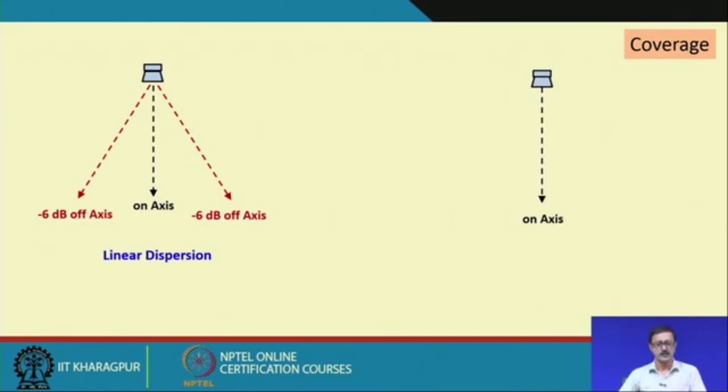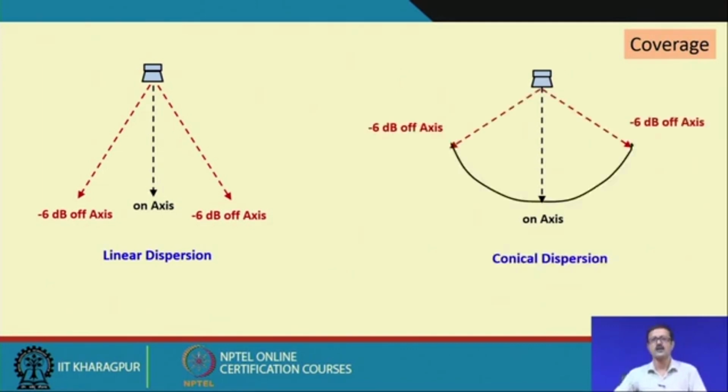There are two types of dispersion. One is called linear dispersion, where you go straight horizontally and get the minus 6 dB off axis line, and the other is conical dispersion, where you go circularly on the left and right sides and get the minus 6 dB axis line. The angle between these two minus 6 dB inclined lines is called the coverage angle, and it is represented by theta.